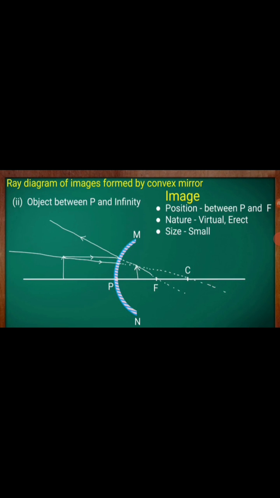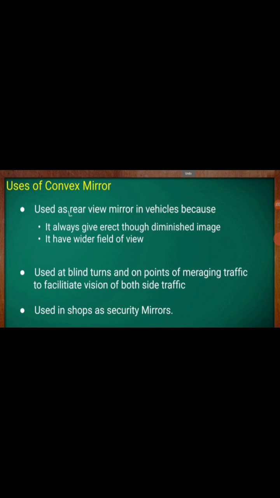Now here we have studied two cases with the convex mirror. In the earlier case the object was placed at infinity, and in the next case it is between the pole of the mirror and infinity. Remember, in both cases we have a virtual and erect image.